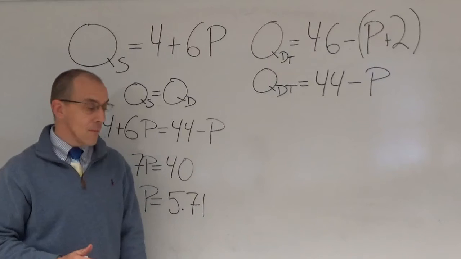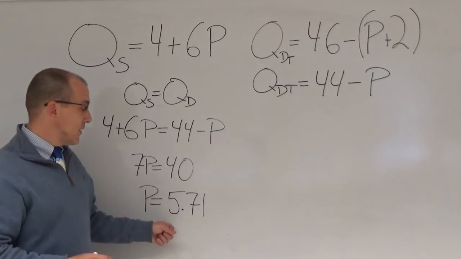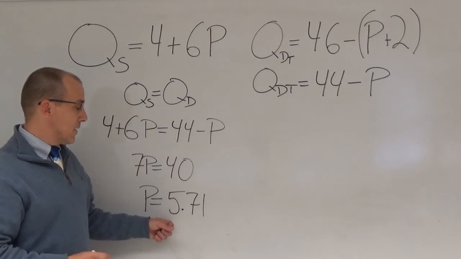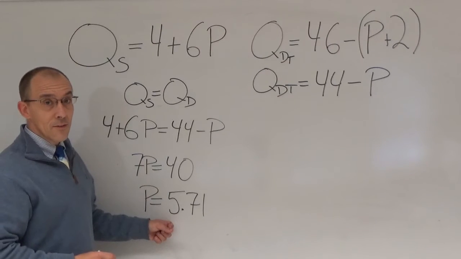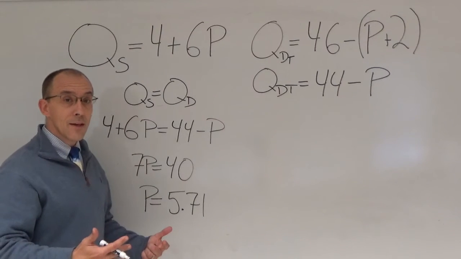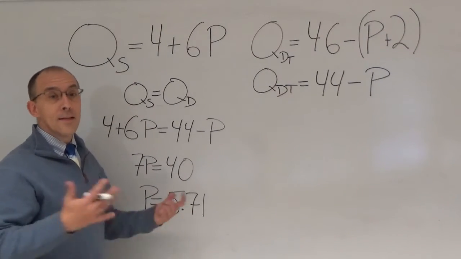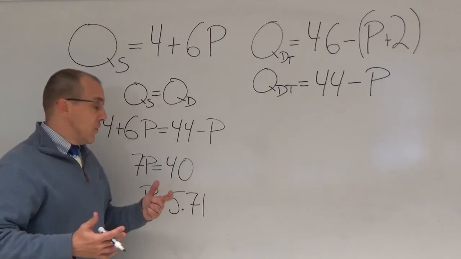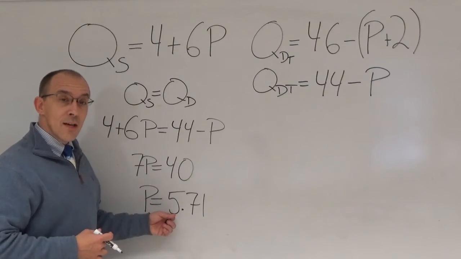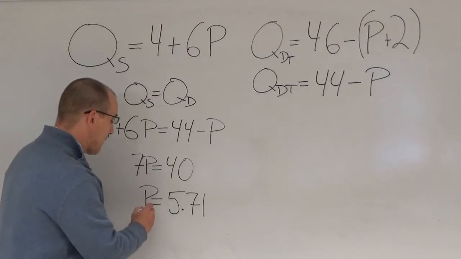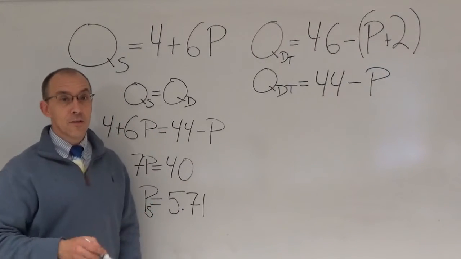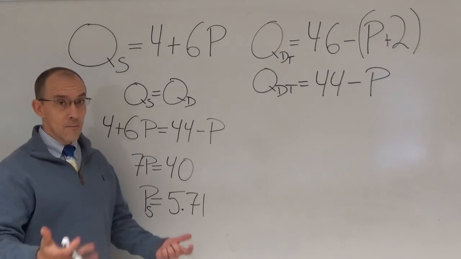Now when I do out my math, I should get a new price of $5.71. As I mentioned in the other videos, this first seems a little bit odd because this price of $5.71 is lower than my equilibrium price when I didn't have a tax. This price represents what the seller is paid for what they are selling.